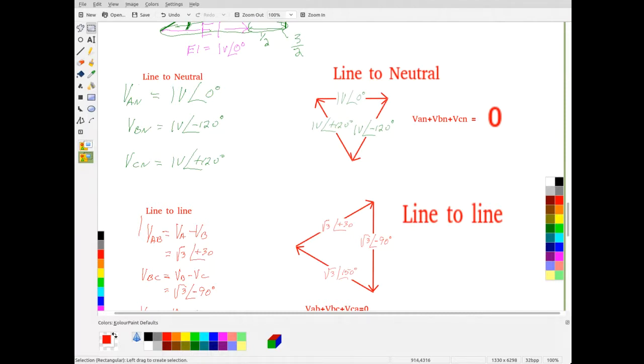Okay. So if you take all three of those voltages and were to add them up, you get back to zero. Okay. Now that doesn't mean that we don't have voltage there. Okay. It just means that they are out of phase with each other.